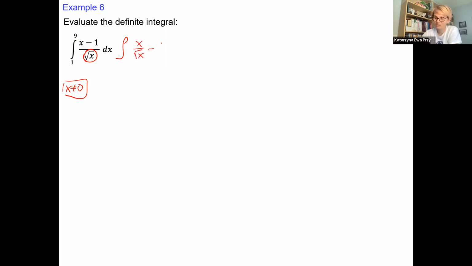That means I will split this. If we have one quantity in the denominator, nice and easy. Okay, that means from 1 to 9, x over square root of x is x to the power of what number? 1 minus 1/2, 1/2.